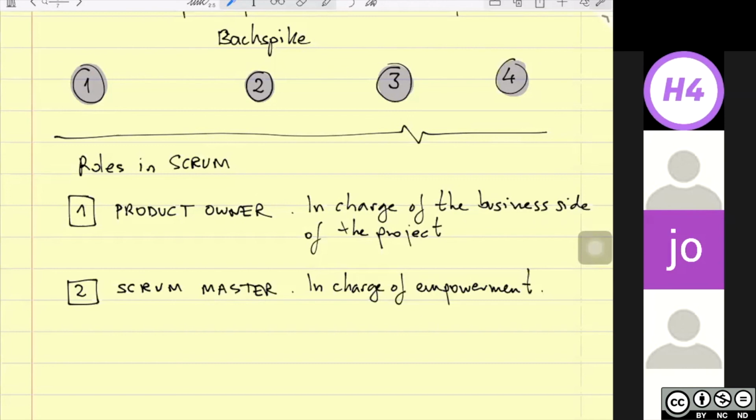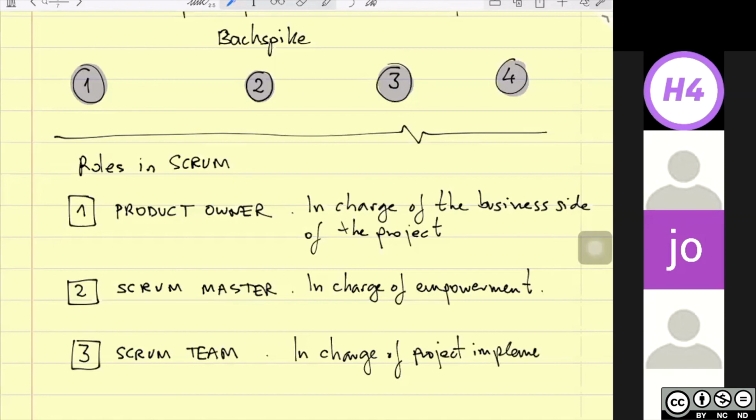And third is the Scrum team. The main work within the Scrum framework is carried out by the dedicated Scrum team. So they're in charge of the project implementation. This group of individuals work together to develop and deliver the product, okay?